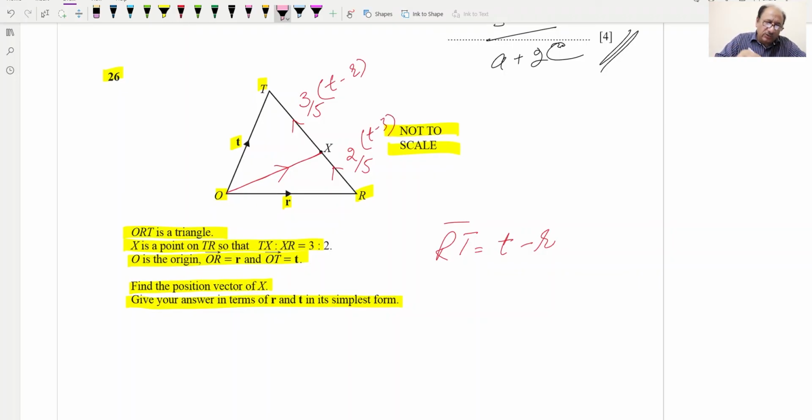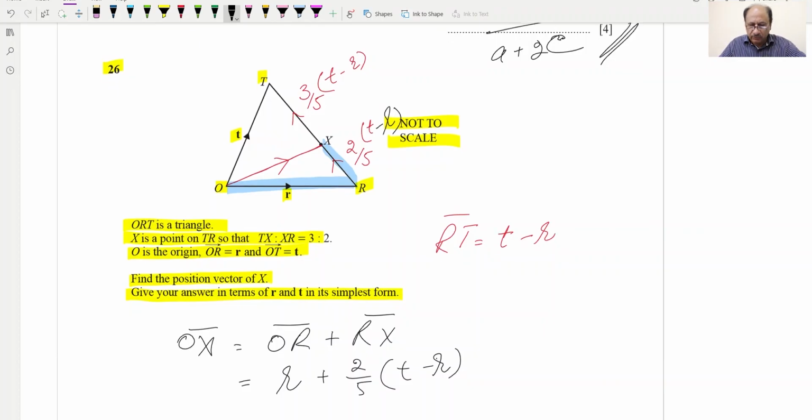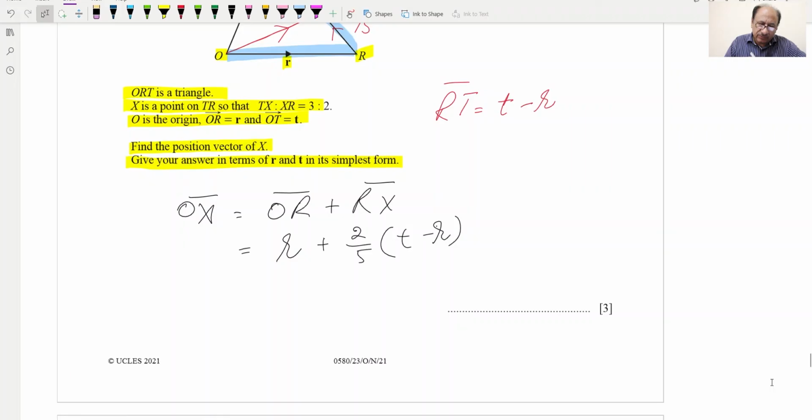Now we are looking for OX. So we can take this route and this route and we will get OX. We can write OX vector is equal to OR vector plus RX vector, and OR is R, plus RX is 2 by 5 into T minus R. I did 3 by mistake, so it is T minus R, this one. Now we can simplify.